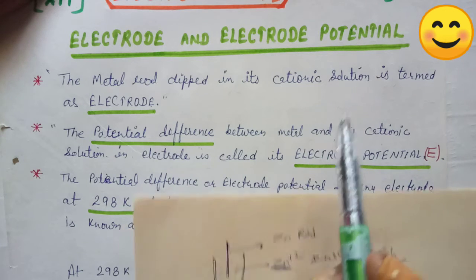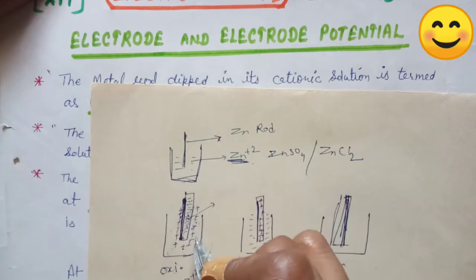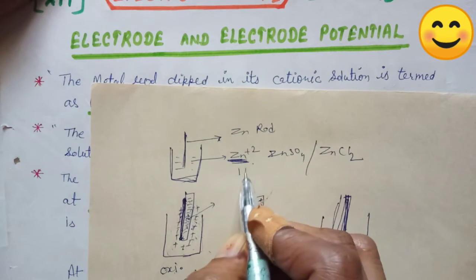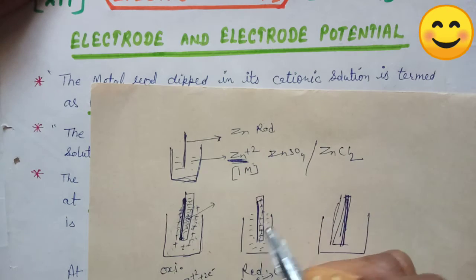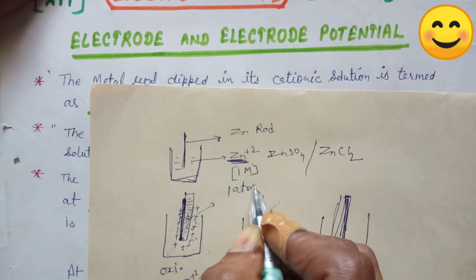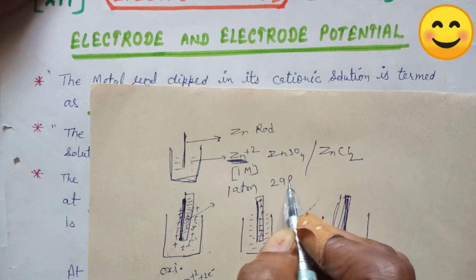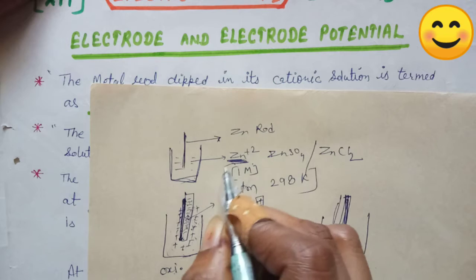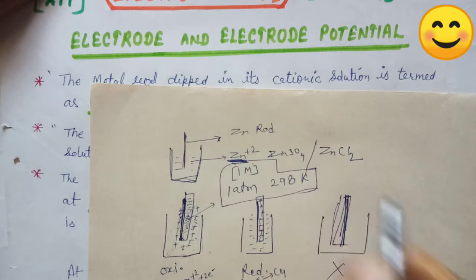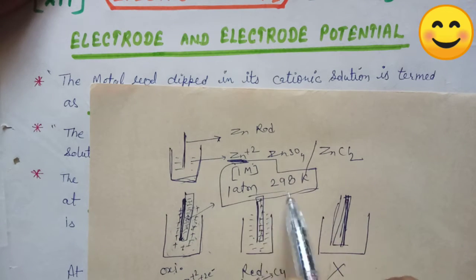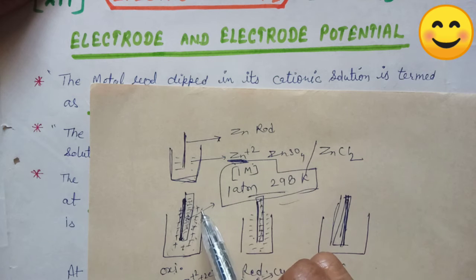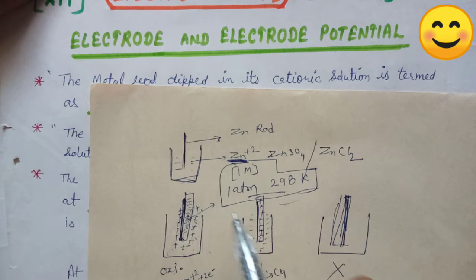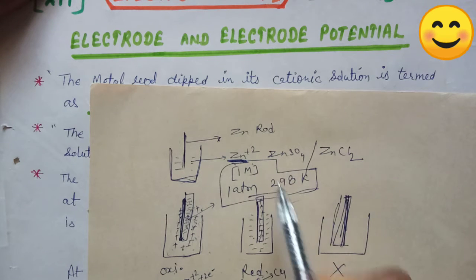Okay, if the cationic solution is 1 M, that is unit molarity, the pressure is 1 atm and the temperature is 298 Kelvin, then all the conditions are standard, and in these conditions the electrode potential of the electrode is known as the standard electrode potential.